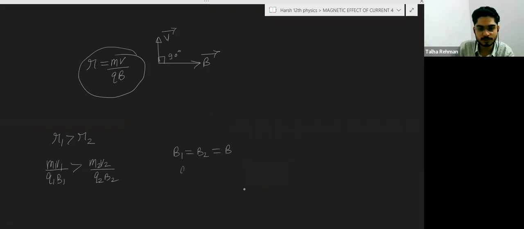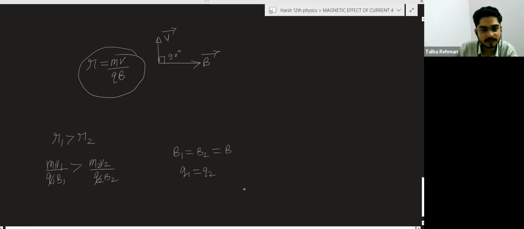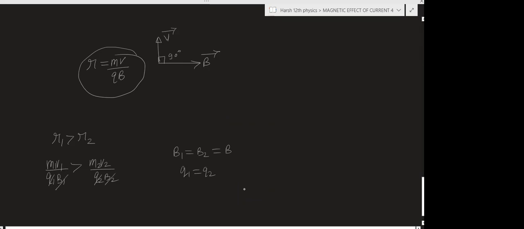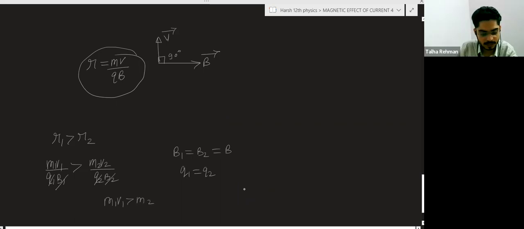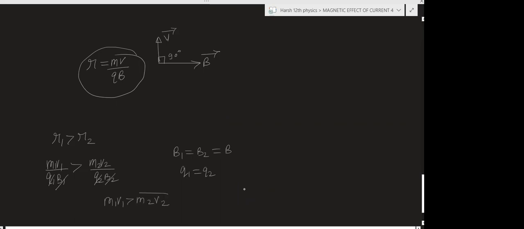Charge is the same means q1 is equal to q2. So the charge and B will cancel, and your answer will be m1 v1 greater than m2 v2. So it's option C. It's correct.